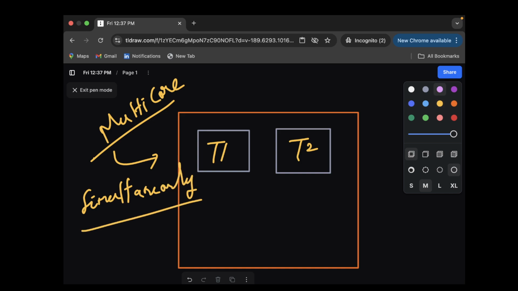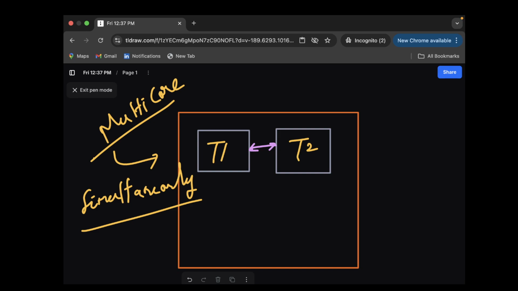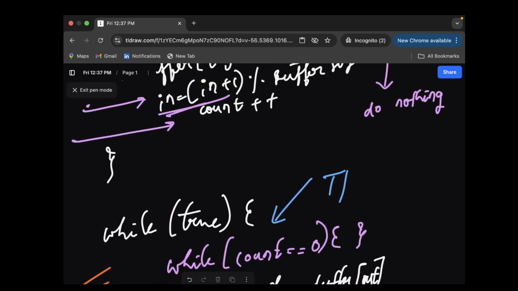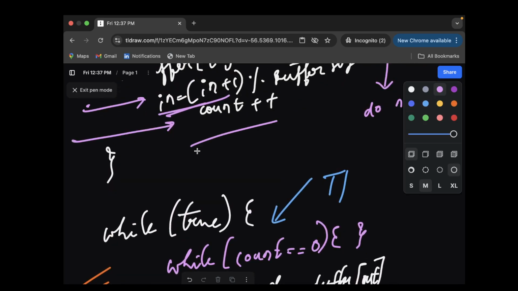So now what could happen is, unless and until there is a synchronization thing. In the above code, we are saying that it is working one after the other, right? There is no concurrency happening here.